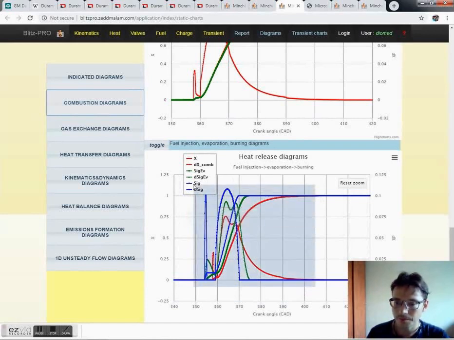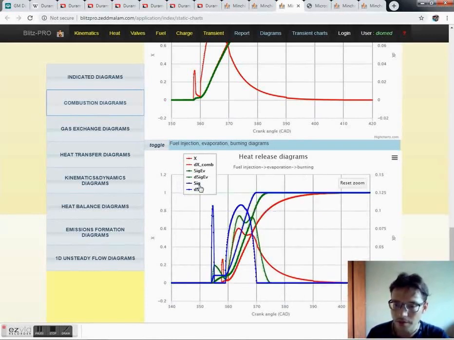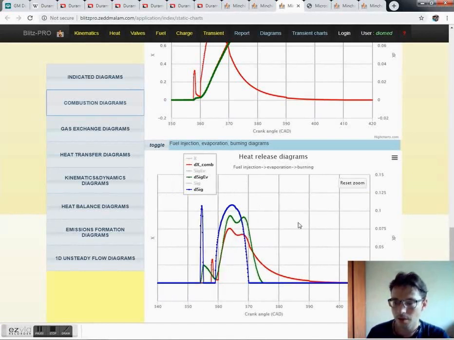And let's take a look here in these combined diagrams. Once again, I will hide the integral data and we will analyze only speed. So this is the first injection. The fuel evaporates and then combustion starts at this point. So the first portion of the fuel is burned, and then the second injection occurs.